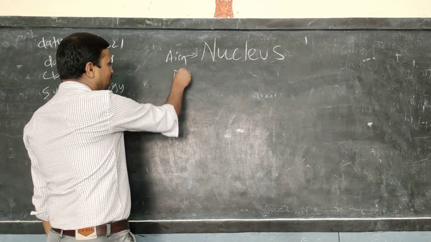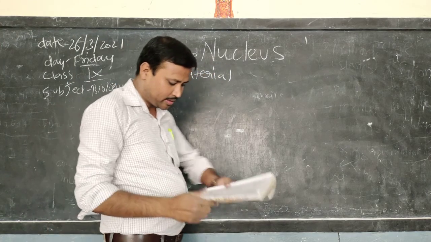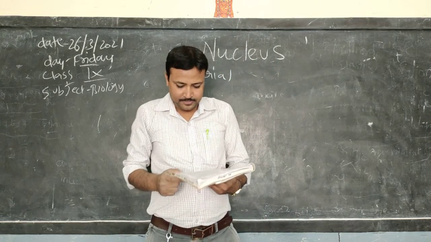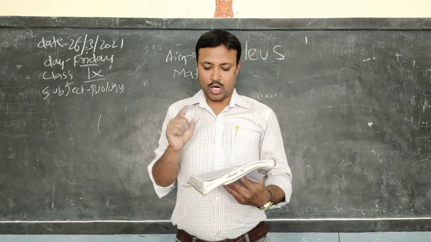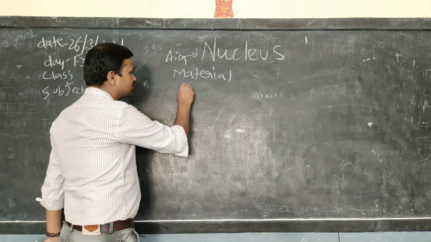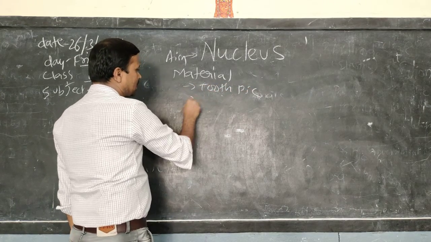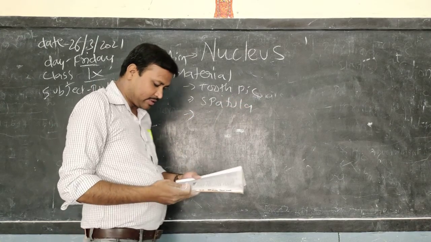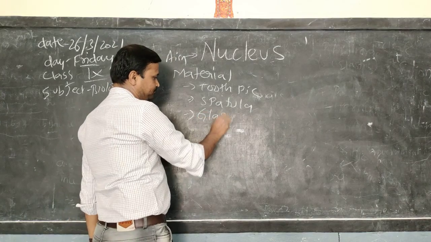What is the material? What are the things required? Material required. First I will explain orally, then I will go for explanation. A toothpick or ice cream spoon or spatula, a glass slide. Whatever things we require: toothpick, spatula. Another thing we require is a slide made of glass.